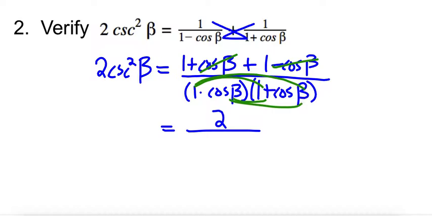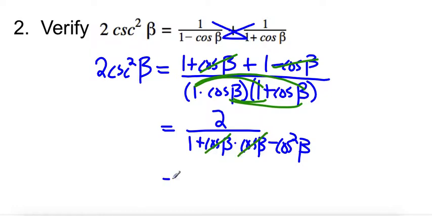So I get 1 plus cosine beta minus cosine beta minus cosine squared beta. And positive cosine beta, negative cosine beta, those are going to cancel out. So I have 2 over 1 minus cosine squared beta.